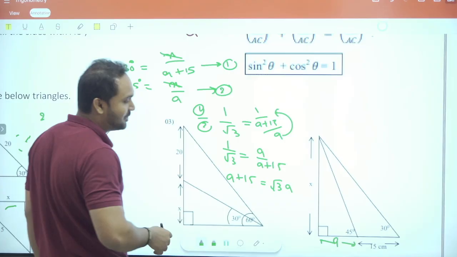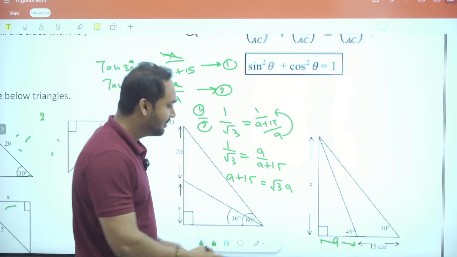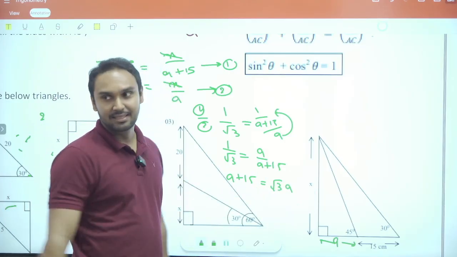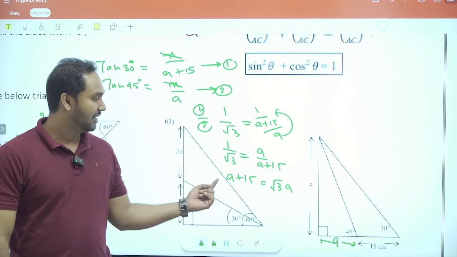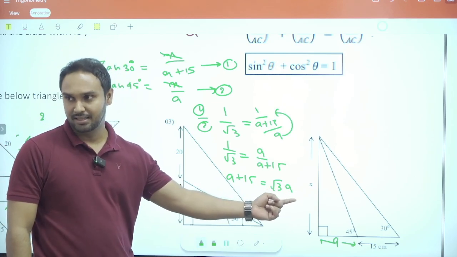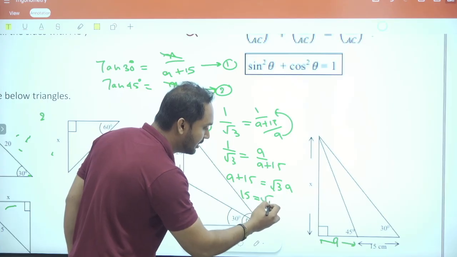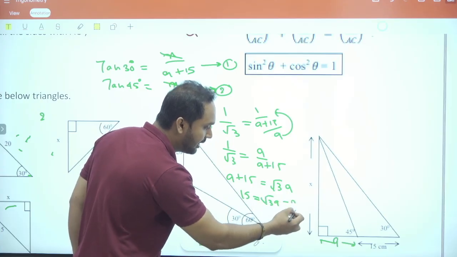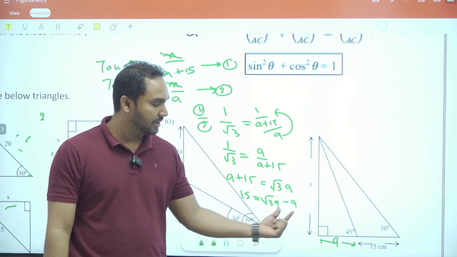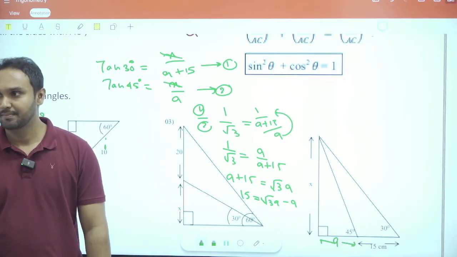Right, now listen. What do you do now? You have to take the a to the other side to deduct it. So that will be 15 equals root 3a deduct a. Now can you deduct root 3a? Then what do you have to do?